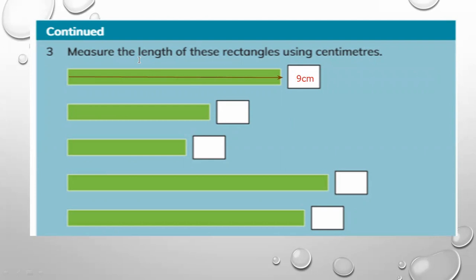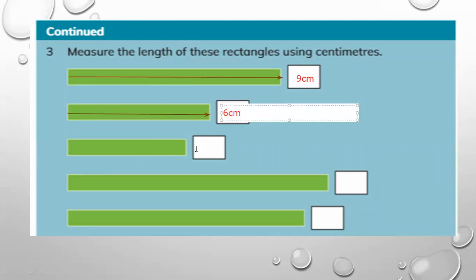The second one, let's count, putting the ruler on the line to measure the rectangle. It is smaller than the first rectangle, so it is 6 centimeters.